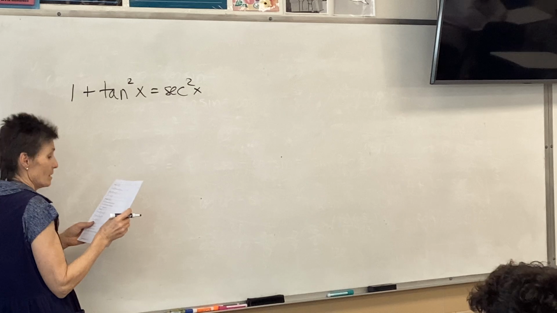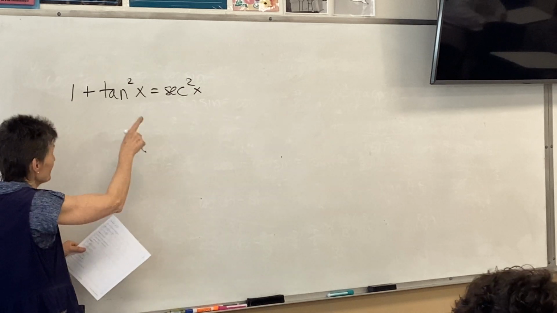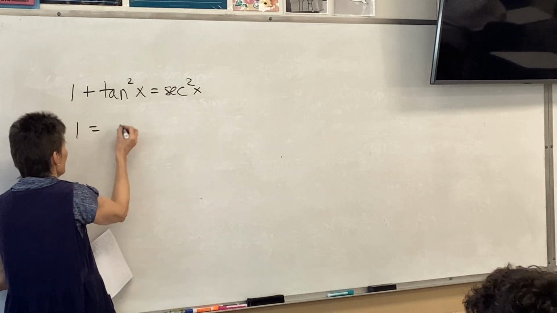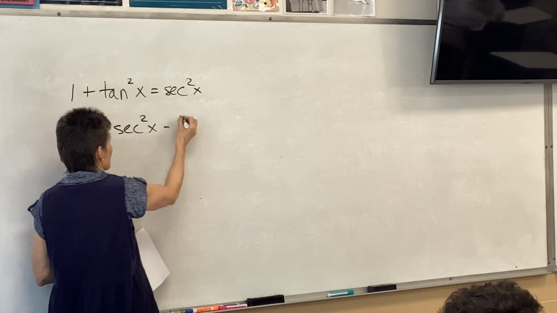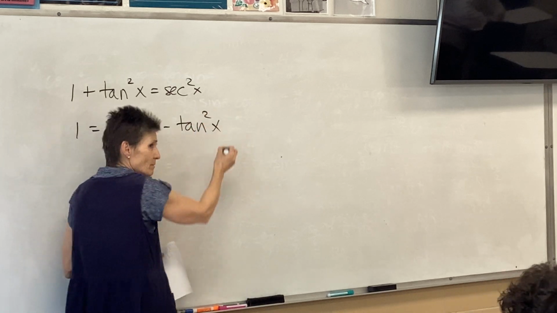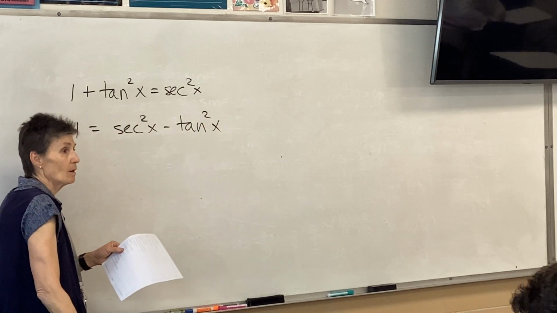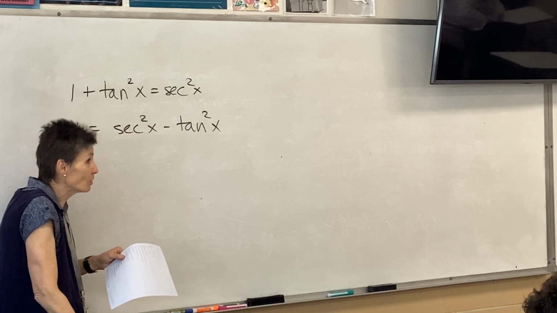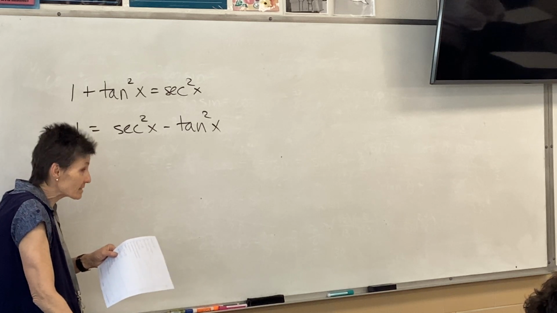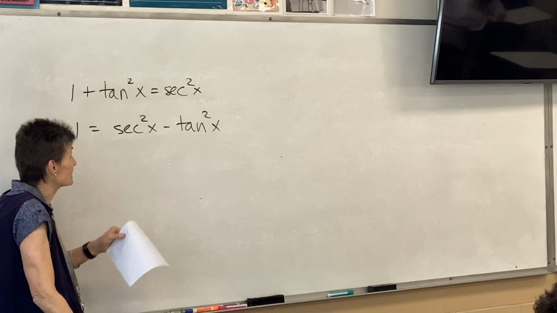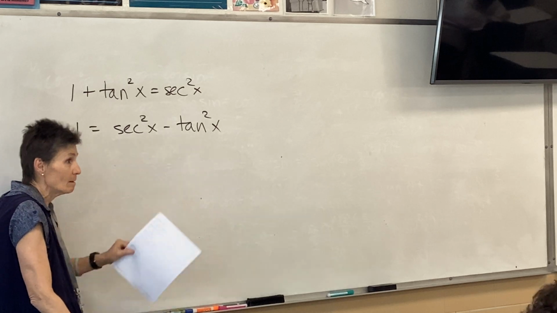So if I put them on the same side, wouldn't it be secant squared minus tangent squared? This is plus on the paper. Okay, so that's the false one, because it needs to be a minus.